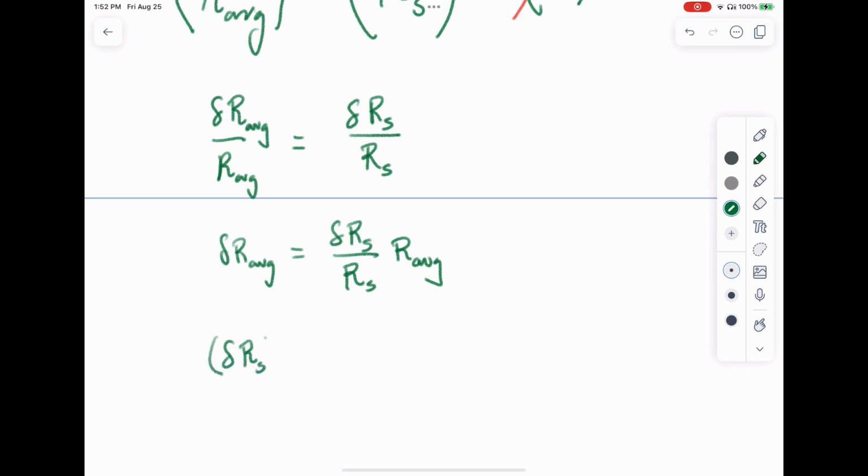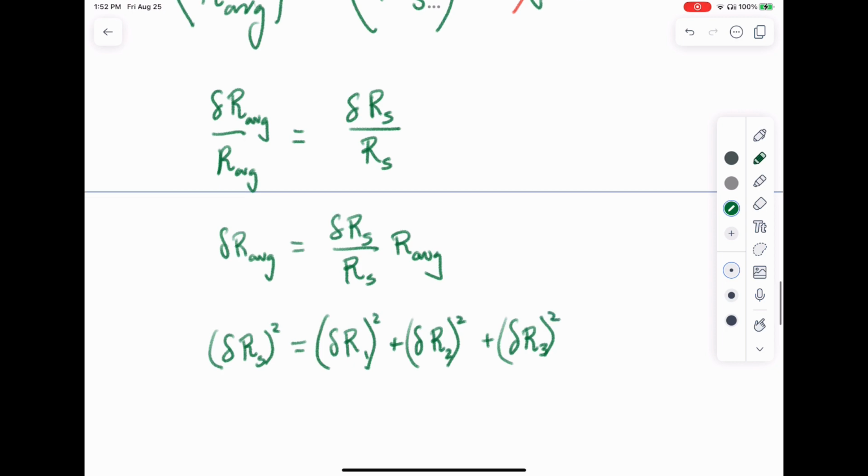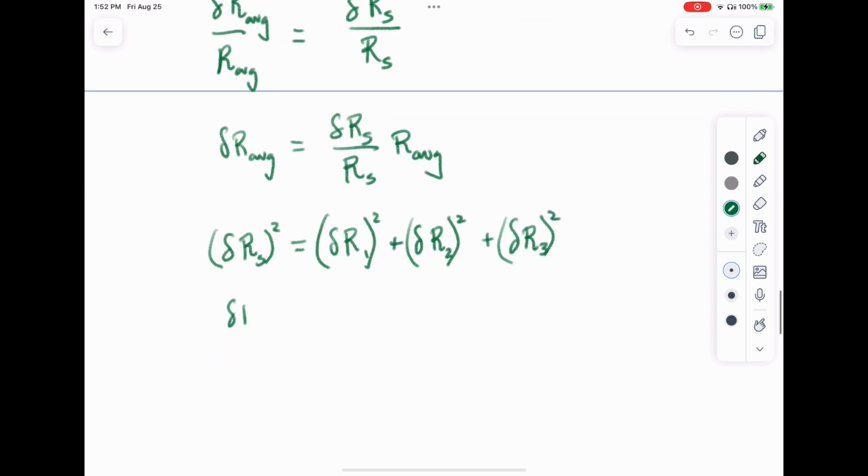So the uncertainty in the sum is just going to be squared according to the lab manual. We have the measurement from our first resistance measuring device, then our second resistance measuring device, and then our third. Since we know those uncertainties for each one of them, we can calculate the uncertainty for the sum.